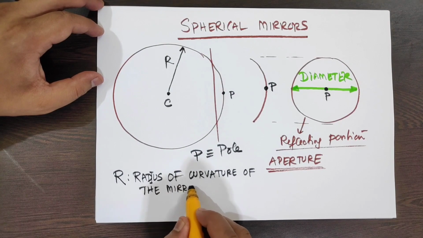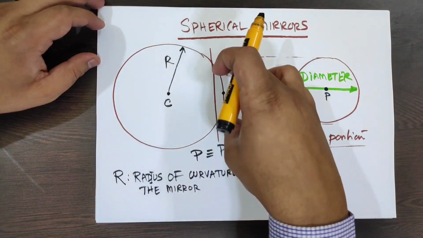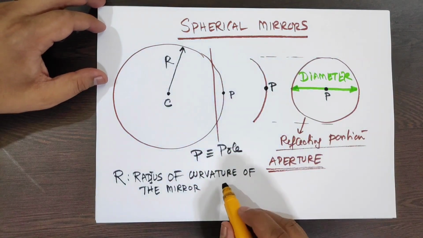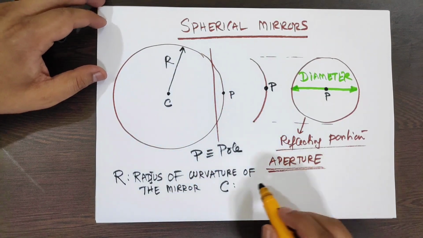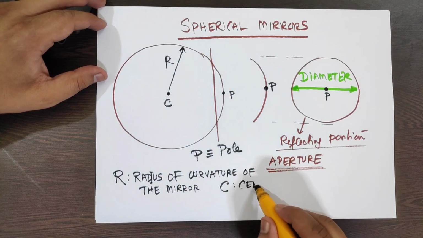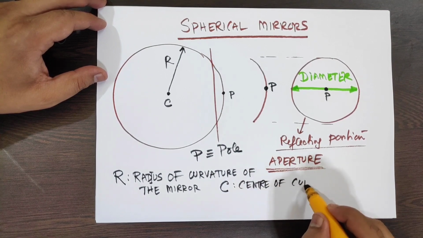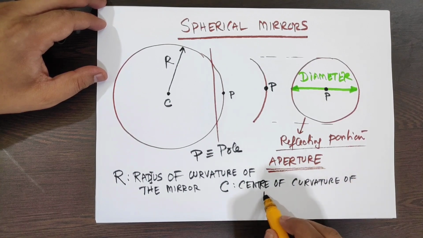So it is the radius of the sphere of which this mirror is a part. Now this C, the center of the sphere of which this mirror is a part, is known as the center of curvature of the mirror.